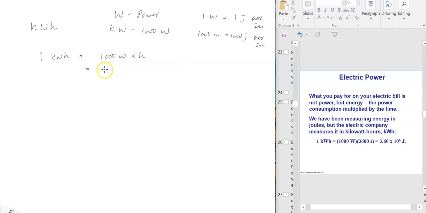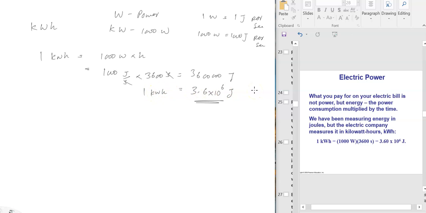So 1000 watts or 1000 joules per second multiplied by 1 hour, which is 3600 seconds. The seconds cancel out, giving you 3600 and 3 more 0s, joules. Or you can write this as 3.6 times 10 to the 6 joules. This is the amount of 1 kilowatt hour.